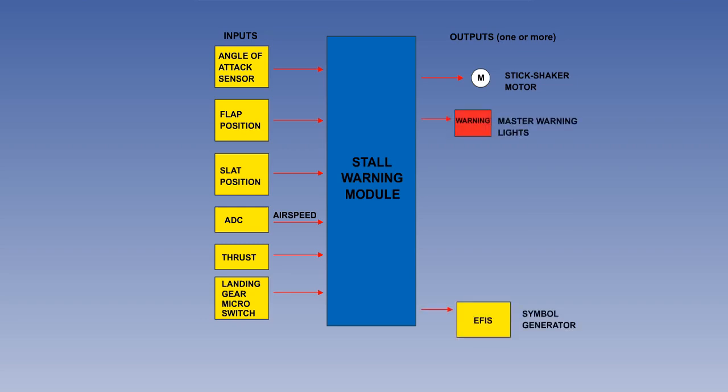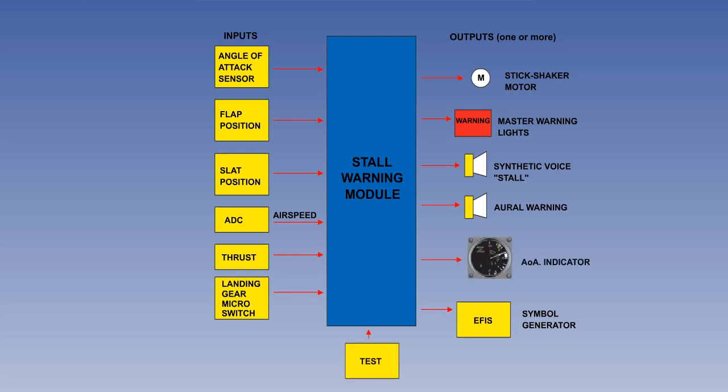Then we have visual warnings, which come as master warning lights, and written warnings on electronic screens, and audible warnings in the form of synthetic voices and aural warnings. We also have an output to the angle of attack indicator.